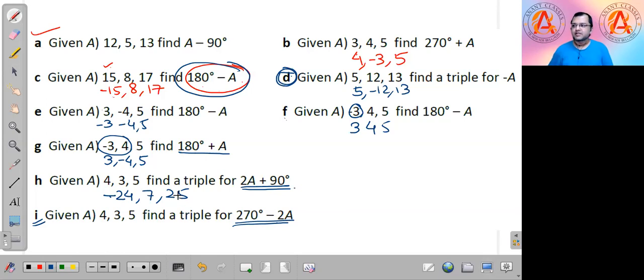Minus 24, minus 7, 25. Perfect. Yes. Minus 24, minus 7, 25. Perfect. Everyone is getting that?